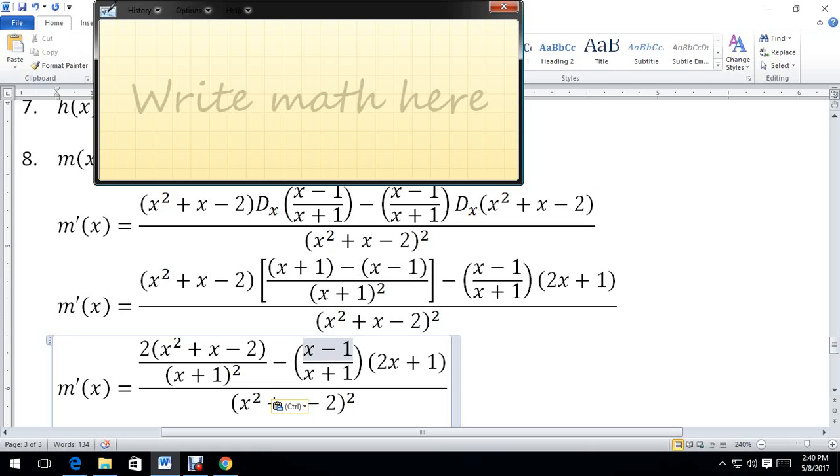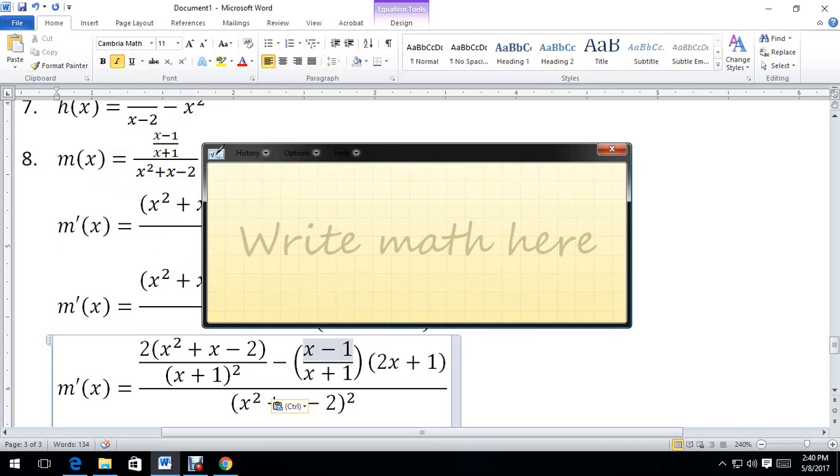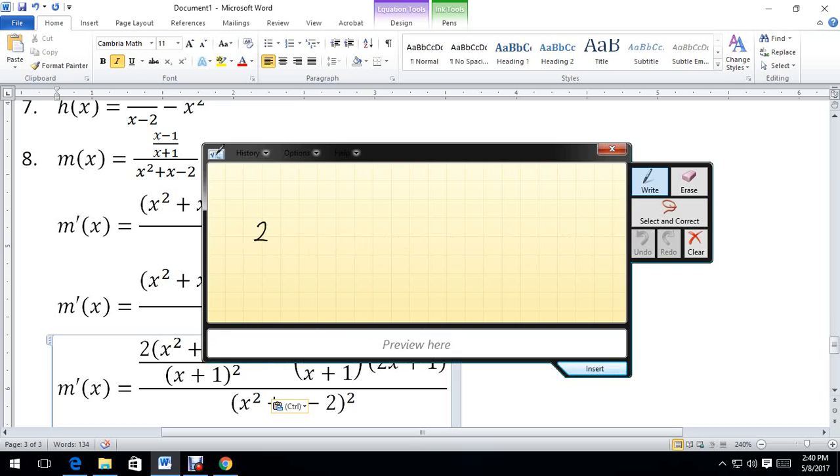Okay, so doing the FOIL method, we have first x times 2x, so that would be 2x squared. Alright.